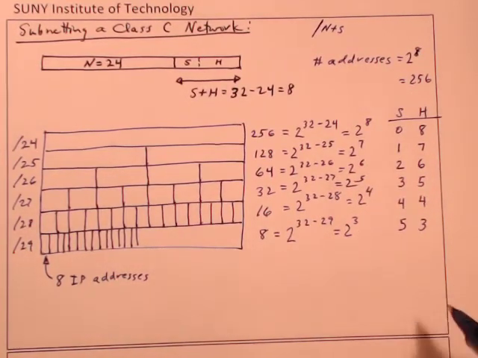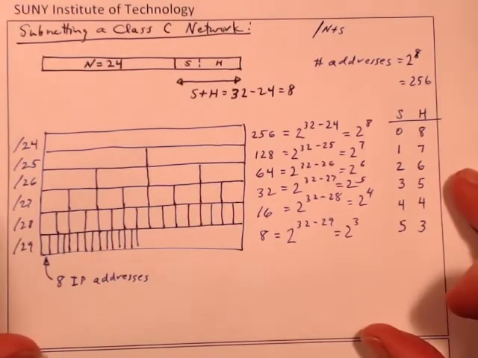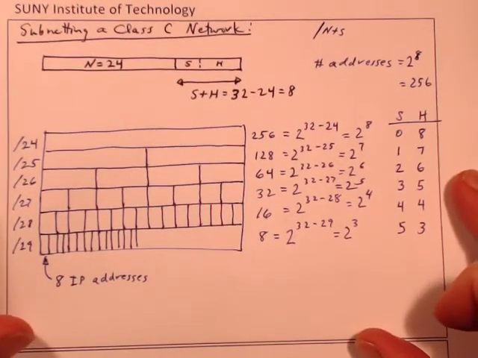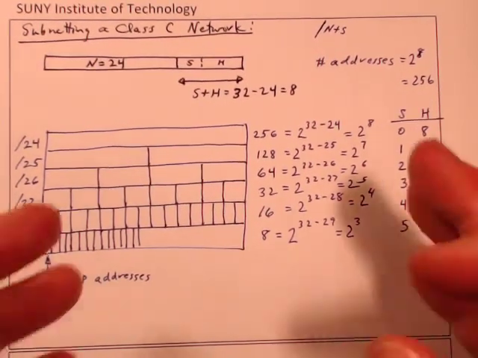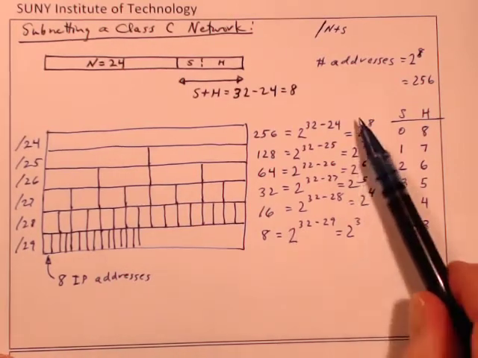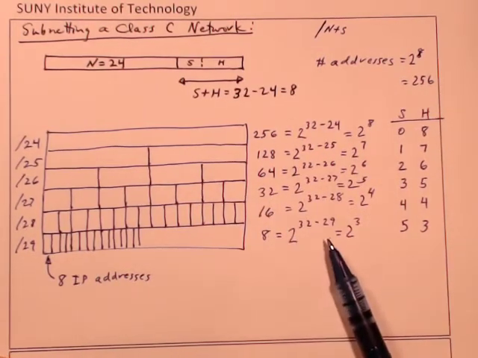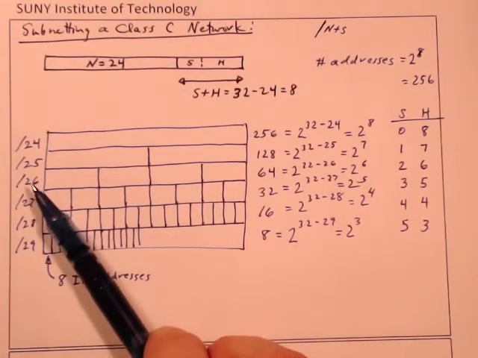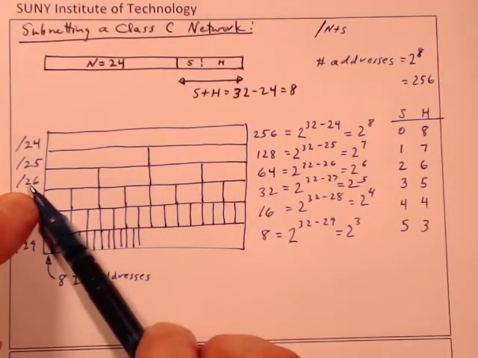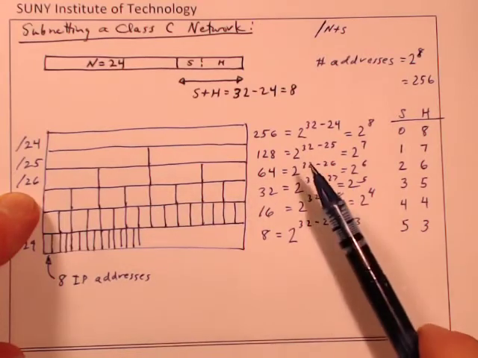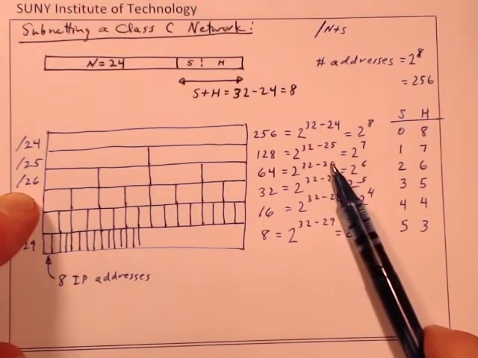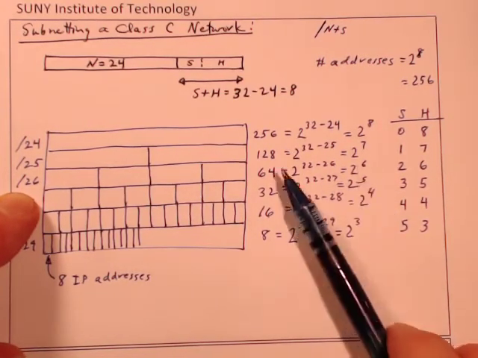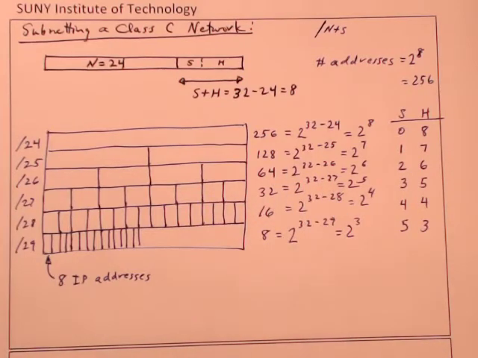Okay? So I encourage you to reproduce this page on your own. Get out a blank piece of paper and talk yourself through this. The reason I'm making these calculations over here is that this shows you how to take the slash number, say a slash 26. If you want to know how many IP addresses are in a slash 26 network, you go 2 to the 32 minus 26, and that gives you the number of IP addresses in that subnet.